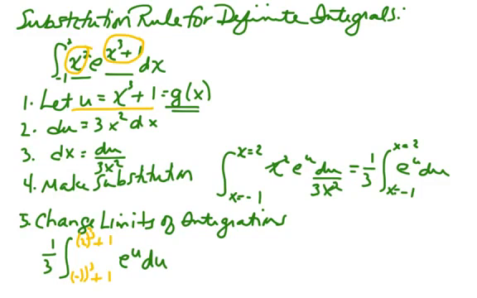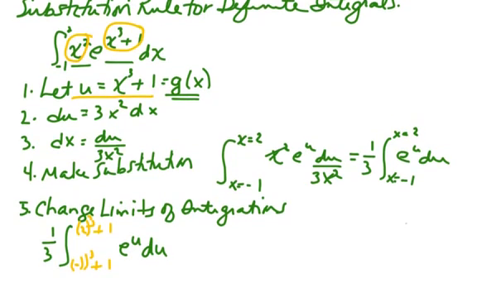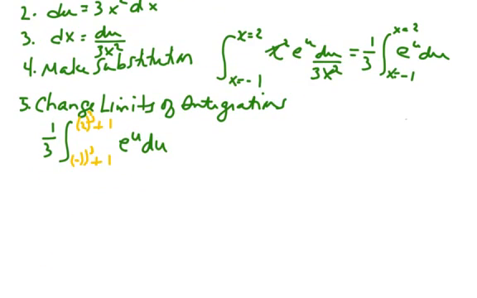So now we have a consistent set of variables. So now you can go about taking the antiderivative. But before I do that, I'm going to simplify those limits just so that I clean it up a bit.